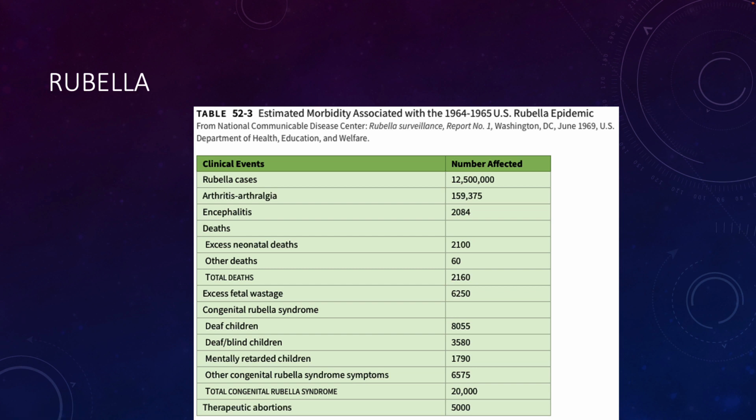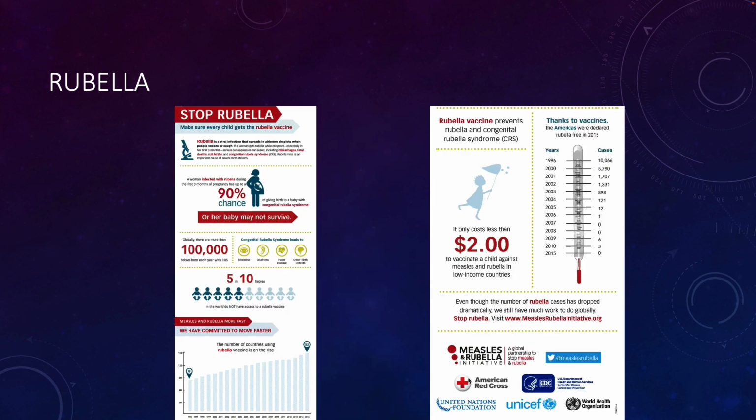So nearly 20,000 infants who were born with congenital rubella syndrome. So it's not a minor thing. That's why we have a vaccine. We want to make sure that everybody gets the rubella vaccine.